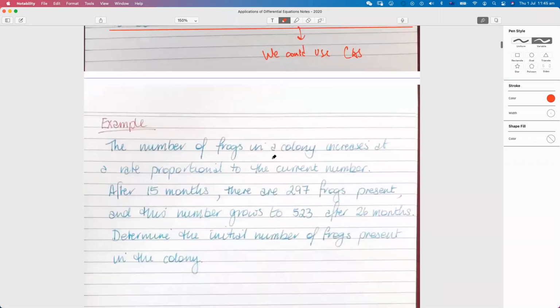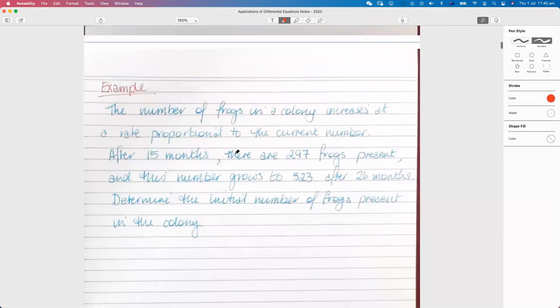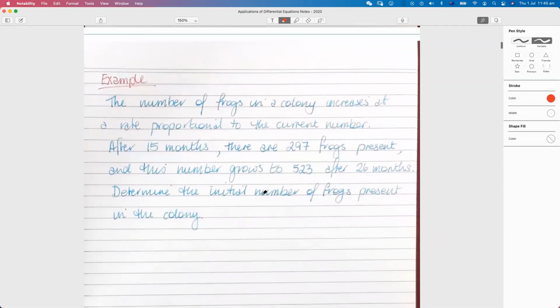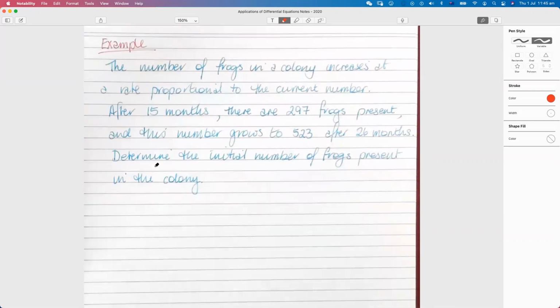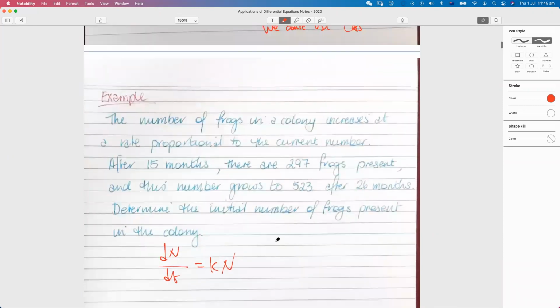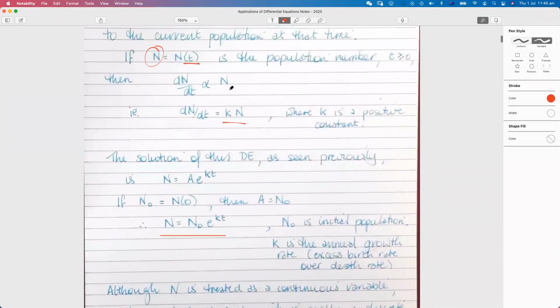Example: the number of frogs in a colony increases at a rate proportional to the current number. After 15 months, there are 297 frogs present, and this number grows to 523 after 26 months. Determine the initial number of frogs present in the colony. Again, we know for the number of population, dN/dt is directly proportional to N, the current population.